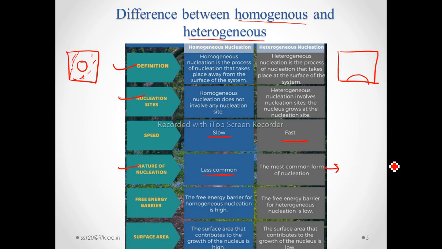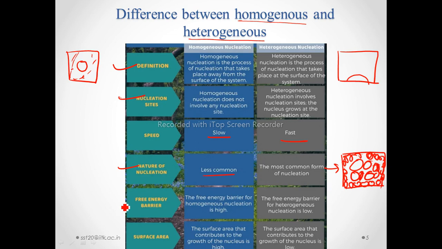If you solidify any liquid metal, nuclei will be found at the grain boundaries or the wall of the container. That's why it first grows here at the wall of the container. Again, the larger grains will be found at the center. This is heterogeneous nucleation.